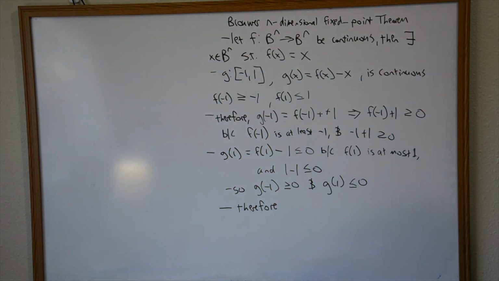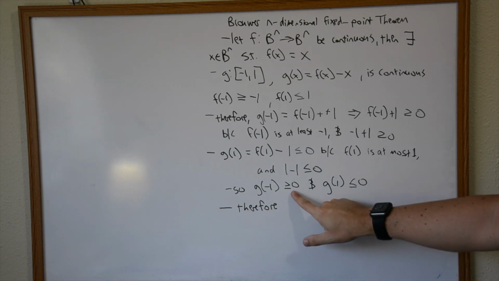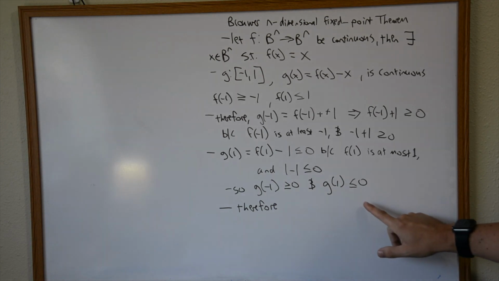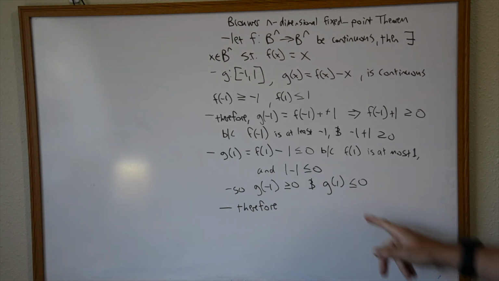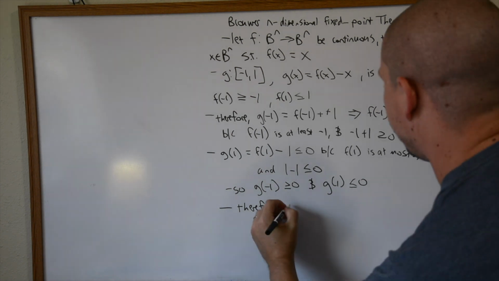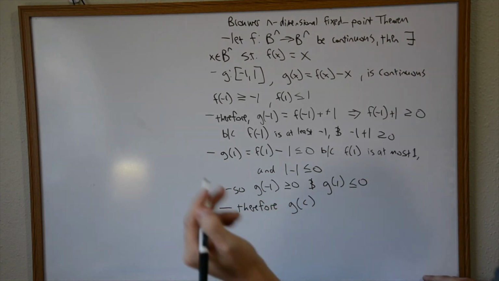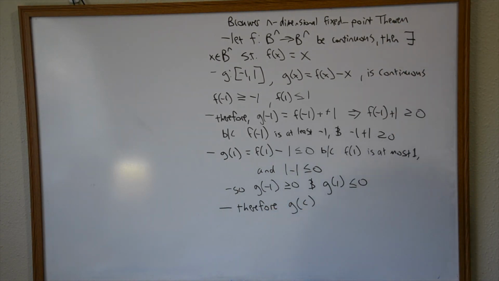So now we're going to apply the IVT, the intermediate value theorem, which says that if our function spits out a negative value at some point and a positive value at another point, then at some point in between those two inputs, there must be something that gives an output of 0, which we know from calculus, which means that we're going to call some point which gives an output of 0 c, because we don't know what it is, we just know that it exists.